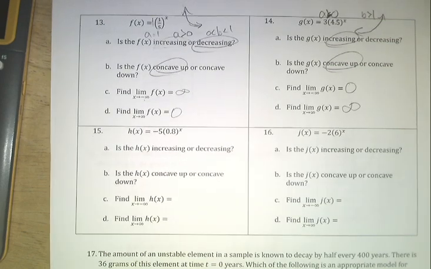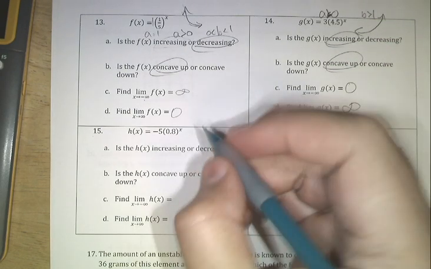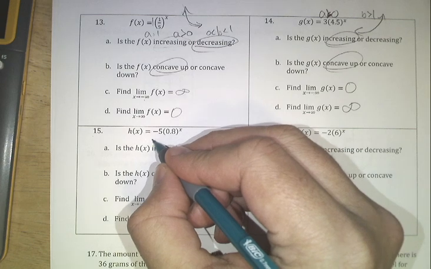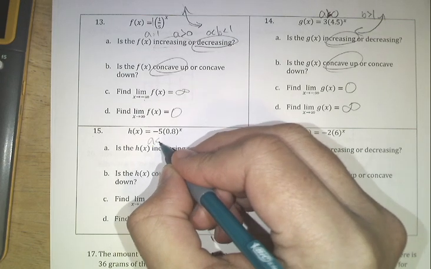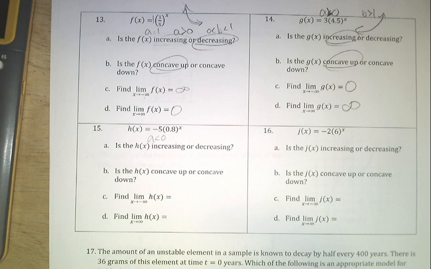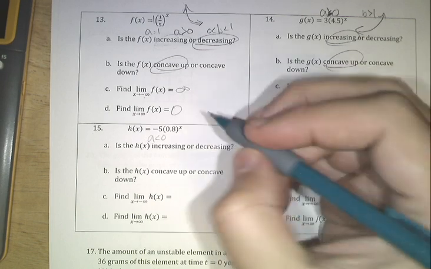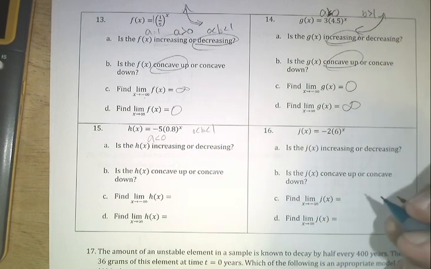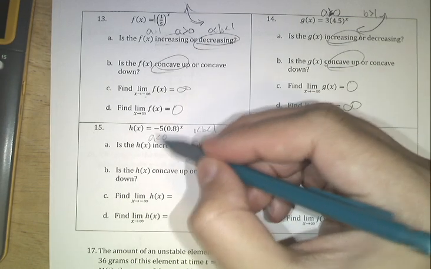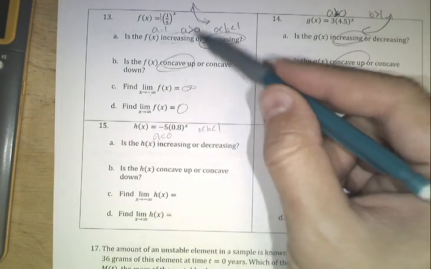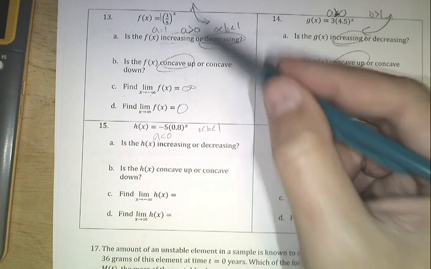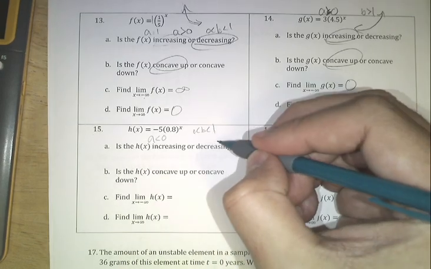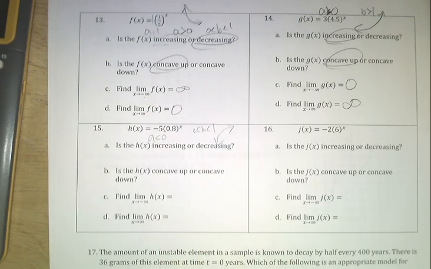Okay, h of x. This one, a is negative, so a is less than 0 here. So it's going to be reflected. And b is in between 0 and 1. So this is going to be reflected down from its counterpart. This is the same here, so this should be reflected down. So this should look like that right there.